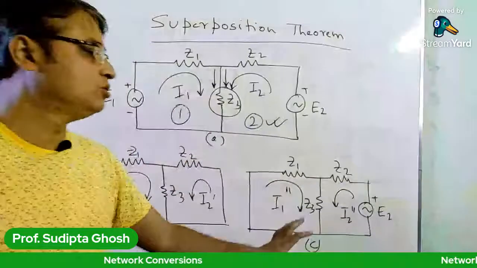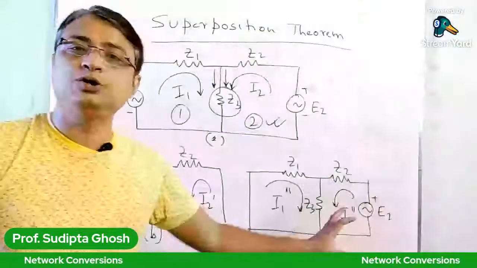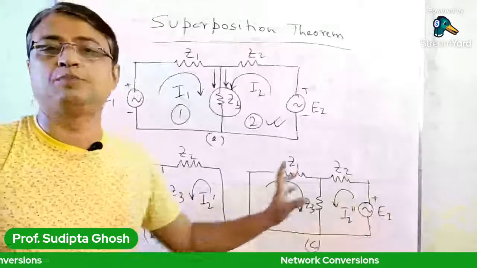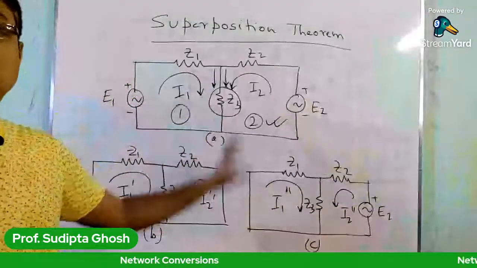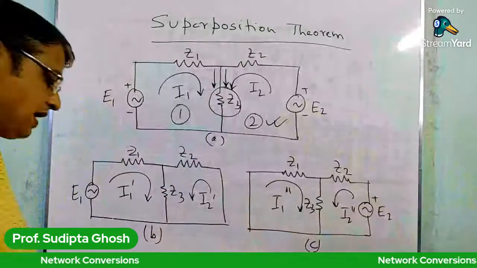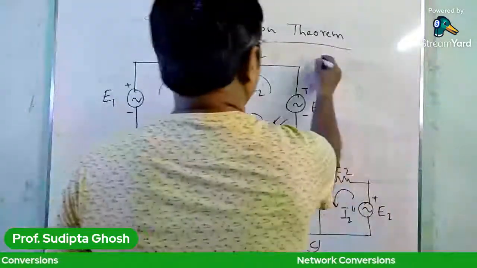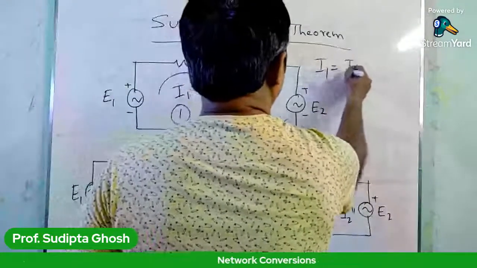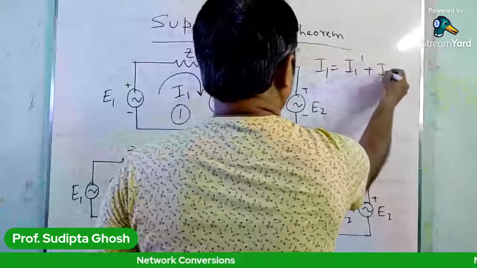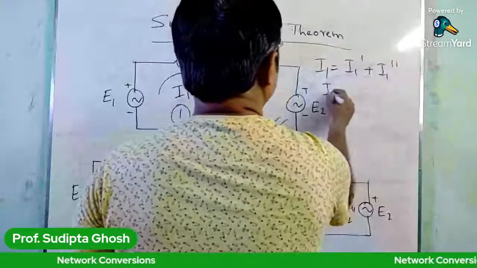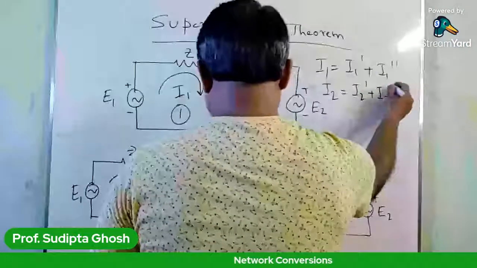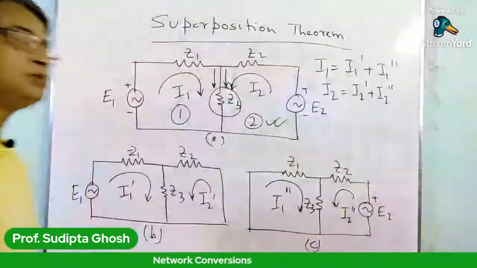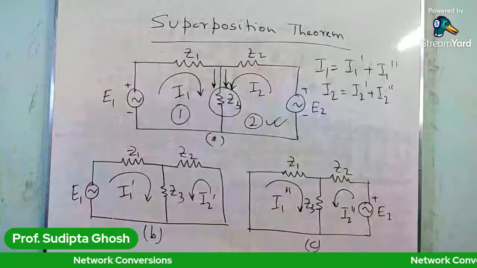Again, the sum of I2 prime and I2 double prime must equal the value of I2. So I1 equals I1 prime plus I1 double prime, as well as I2 equals I2 prime plus I2 double prime.